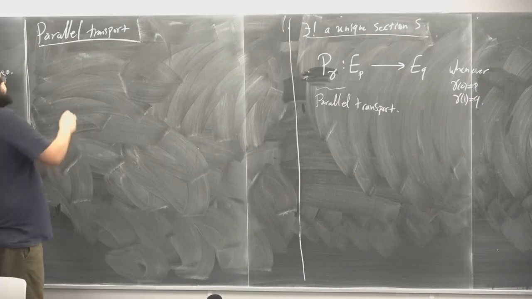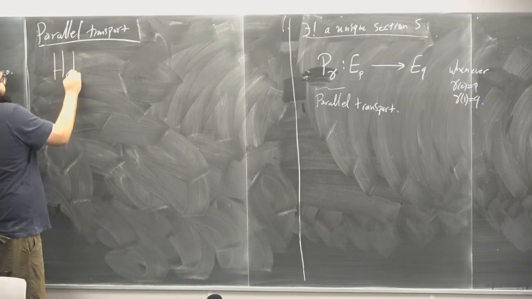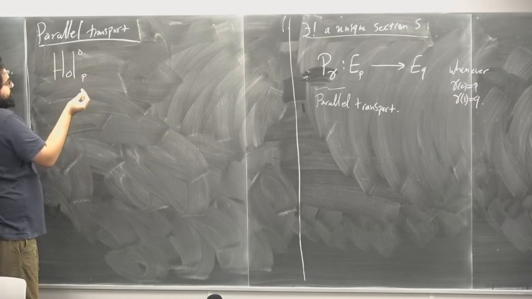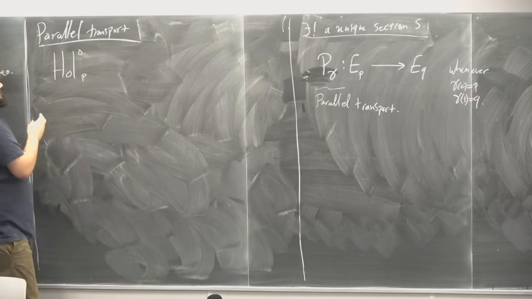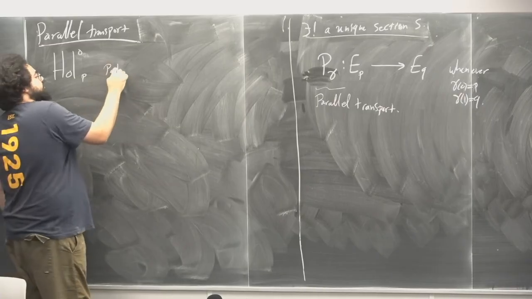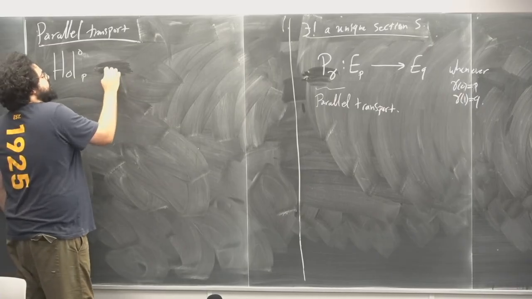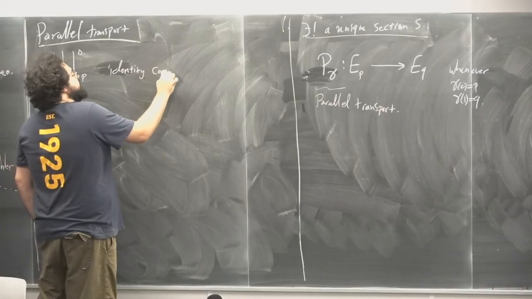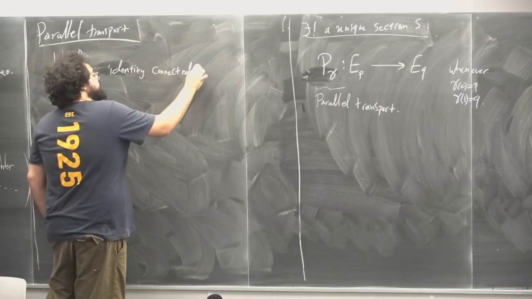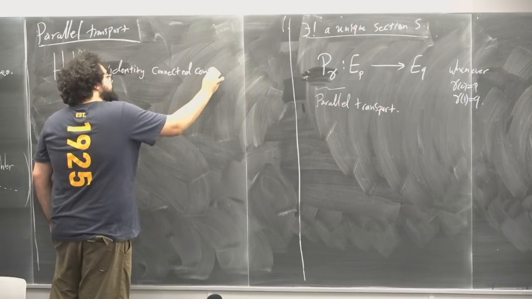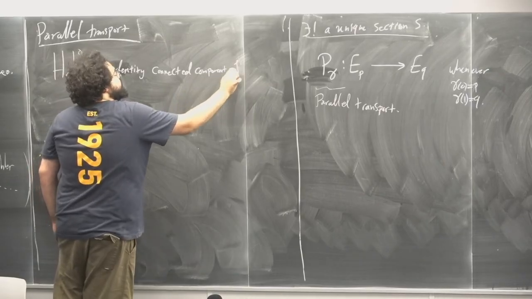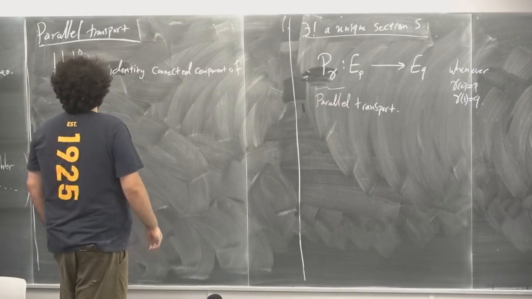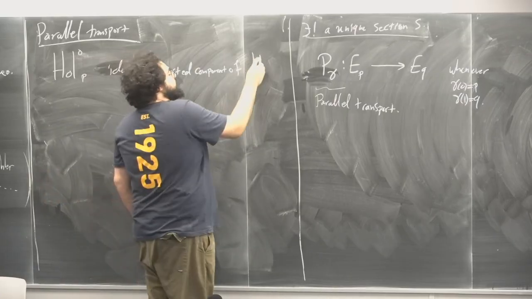So generally we'll have this thing called Hol_0, which is just going to be the identity connected component of Hol_P.